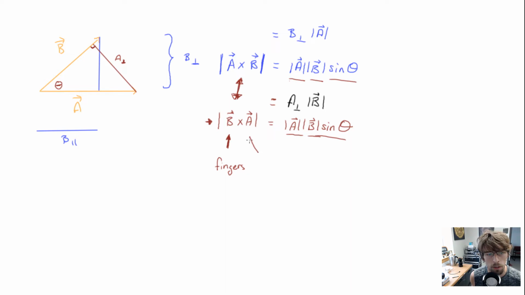Your palm points in the direction of the second vector, and your thumb is in the direction of the resultant. So it's very positional: fingers, first vector; palm, second vector; thumb is the direction of the resultant vector. Every time. Your coordinate systems are like this as well.